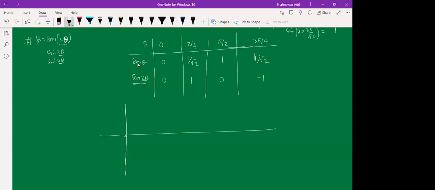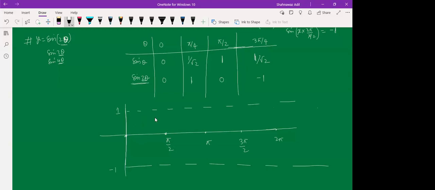And the sine function we already know, right? So the sine function goes from, let's say, this is pi by 2, this is pi, this is 3 pi by 2, and then this is 2 pi. So if I plot this sine function, this is 1 and minus 1.